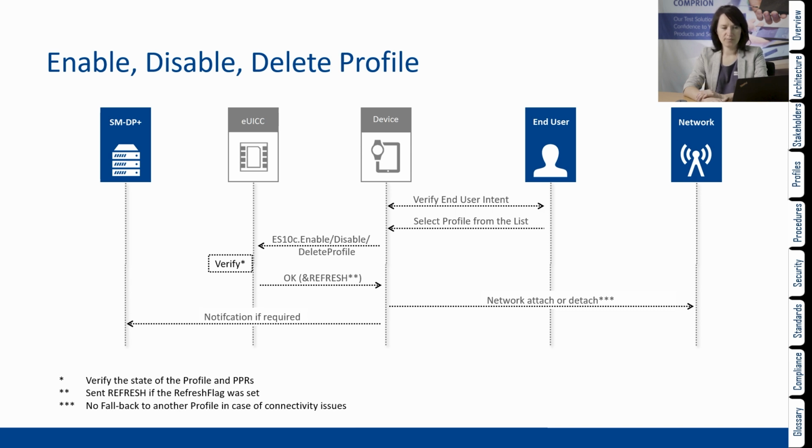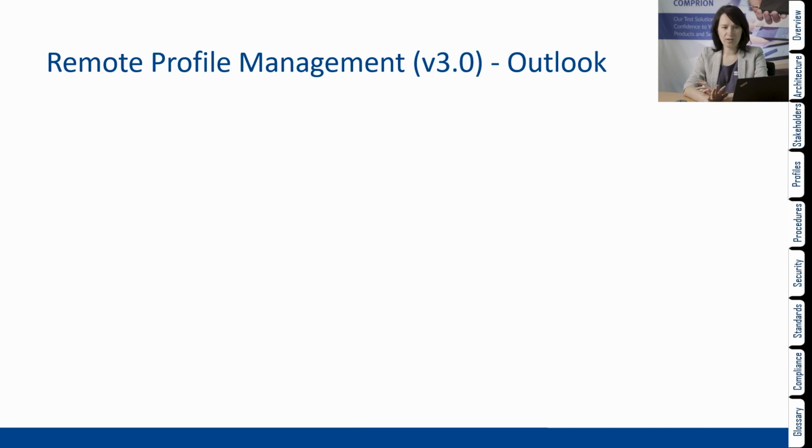Actually, very similar. Let's take a look at what is new. You know that a newer version of the remote profile management is upcoming, version 3 of the SGP specifications for the consumer devices. There are some procedures which are already included, and there will be some other procedures. It's just a simple outlook of what is potentially to be there.